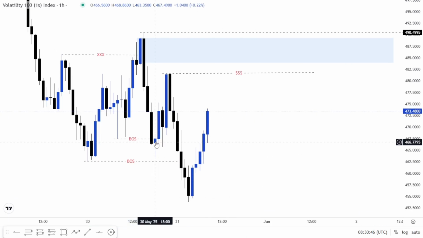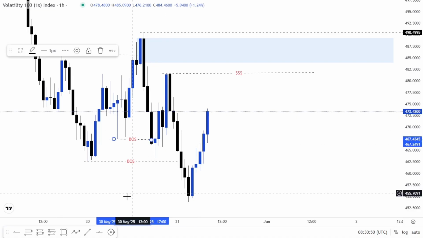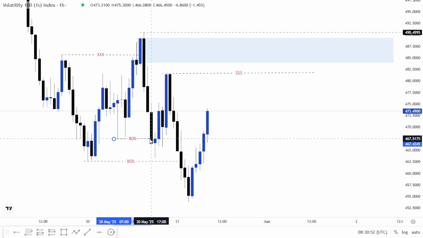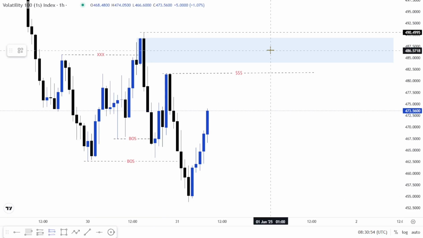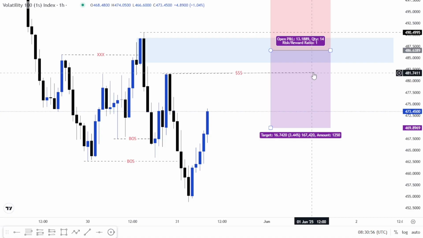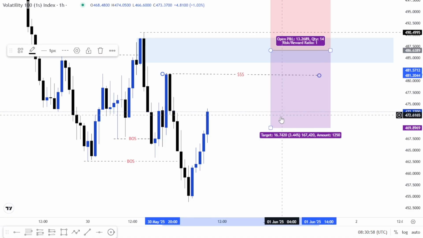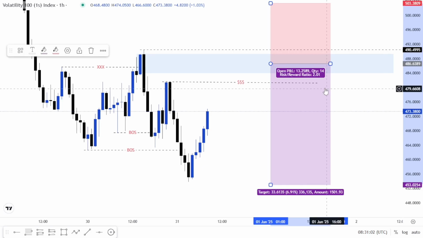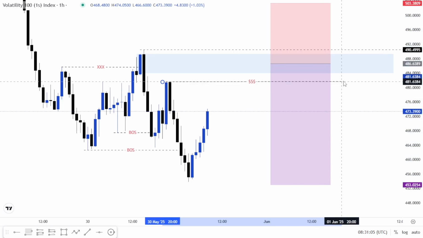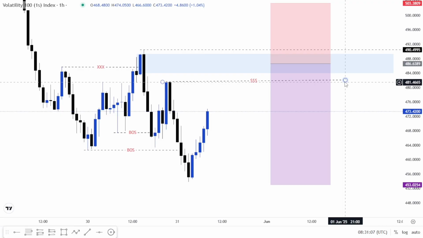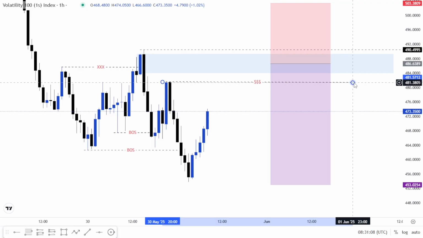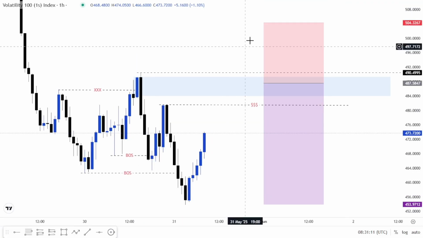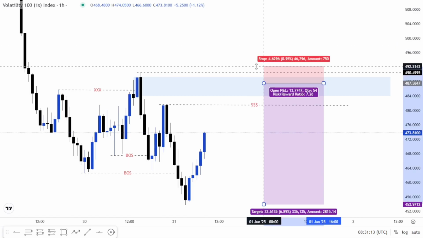The next thing we look out for is for the market to sweep the structural liquidity and then tap into our POI. So we wait for the market to get to that area, then we are going to sell all the way to the downside. You can risk as much as you want, because this is a very high probability setup, because everything aligns with the trend.